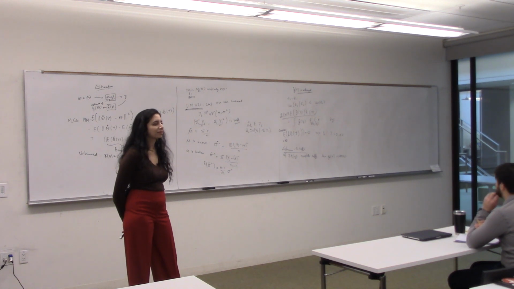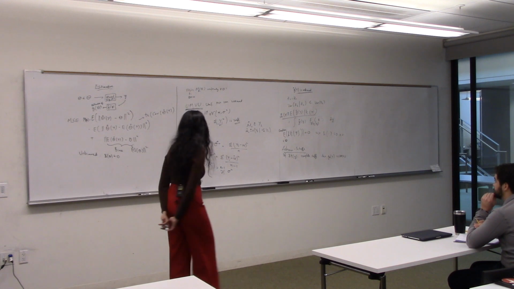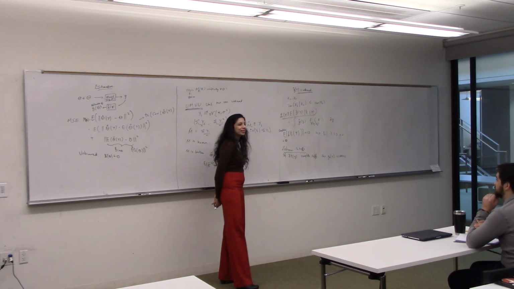We know that if you want to minimize the mean square error, the minimizer is just a conditional expectation. But we want it uniformly across all theta. That's what makes it hard, the uniformity. Otherwise, I can always get a trivial estimator.